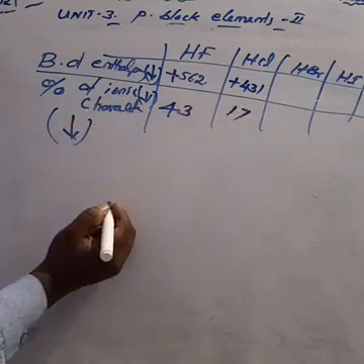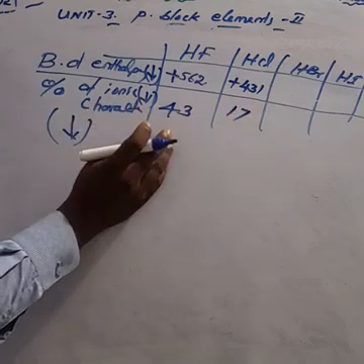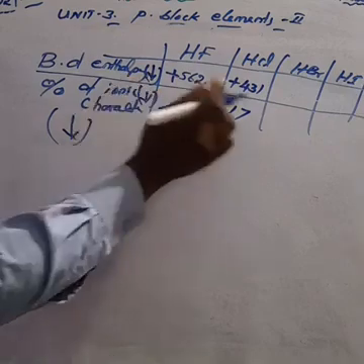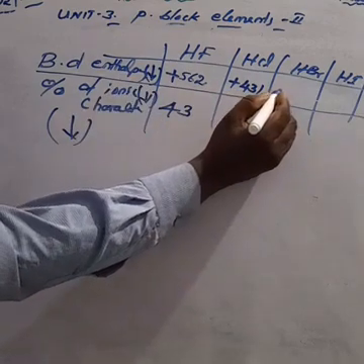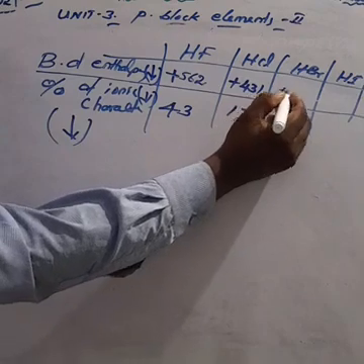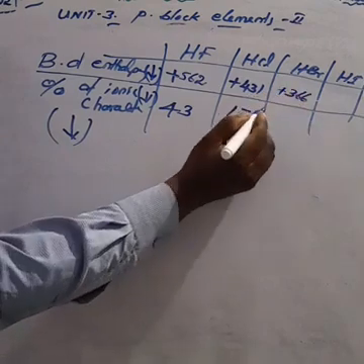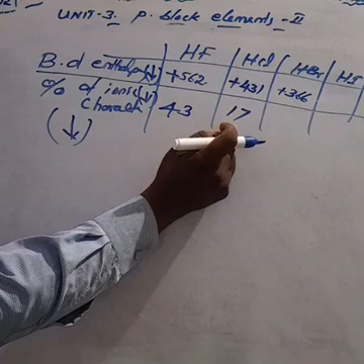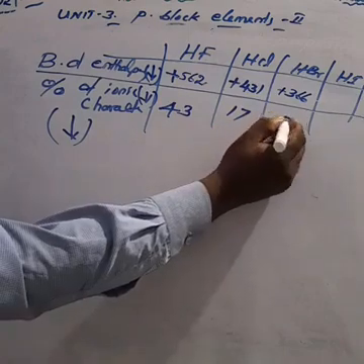This is a theoretical value. Next, HBr: the bond dissociation enthalpy is plus 366 and the percentage ionic character is 13.